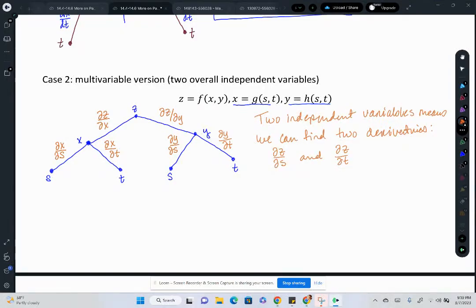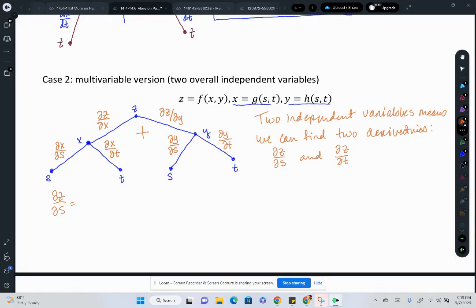So if we look at ∂z/∂s first, our goal is to travel down the branches and end up at s, okay? Not at t. We are not thinking about t here at all. We are only thinking about s. And so we are still going to have this sum going on, but we're not going to be adding four things together. We're only going to be adding together the branches that lead to s.